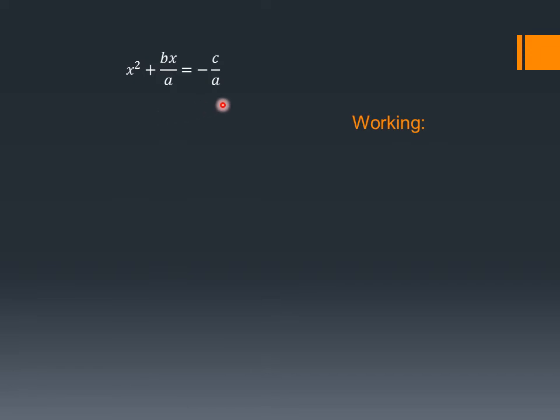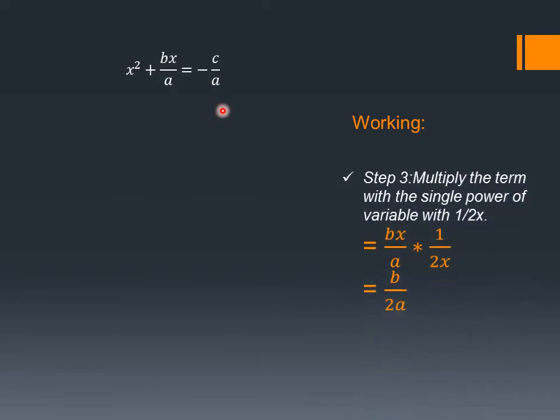This is the last equation from the previous slide. The third step is working. As you all can remember, we again have to apply the formula of perfect square now, but for the formula we need to have the b term. So step 3 is to multiply the term with the single power of x with 1 by 2x.